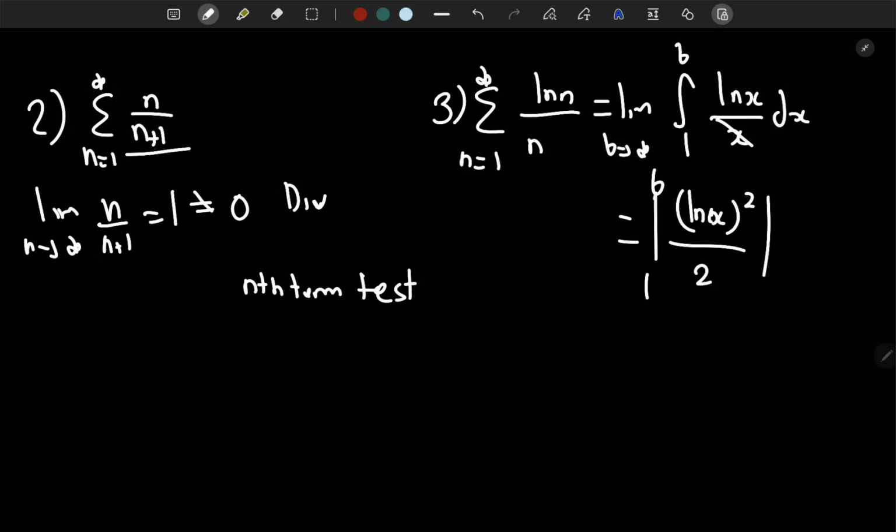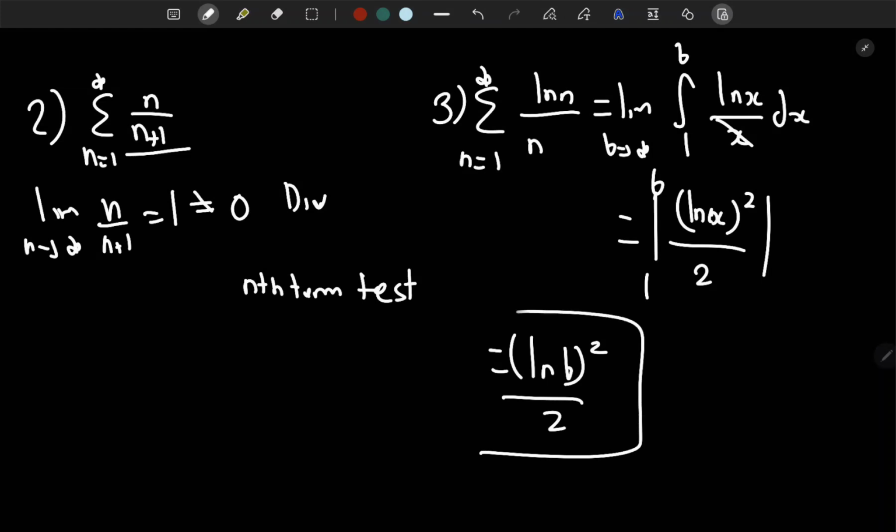And now we just need to plug in the limits. It's going to be ln b squared over 2 minus ln 1 squared over 2, and as we know, ln of 1 is just 0, so we can forget about this part. So now we're left with ln b squared over 2.